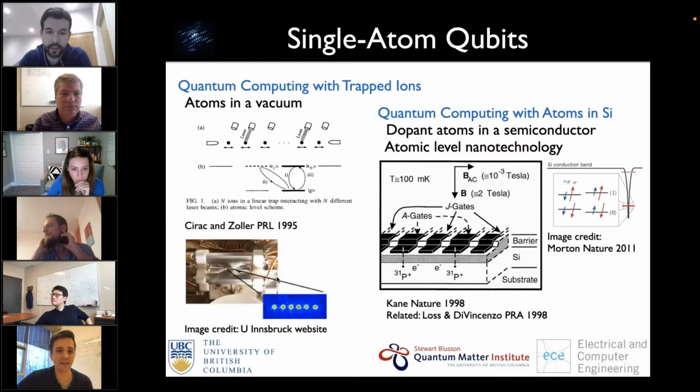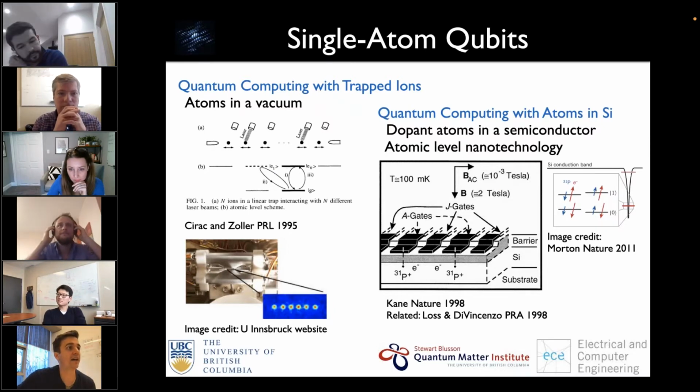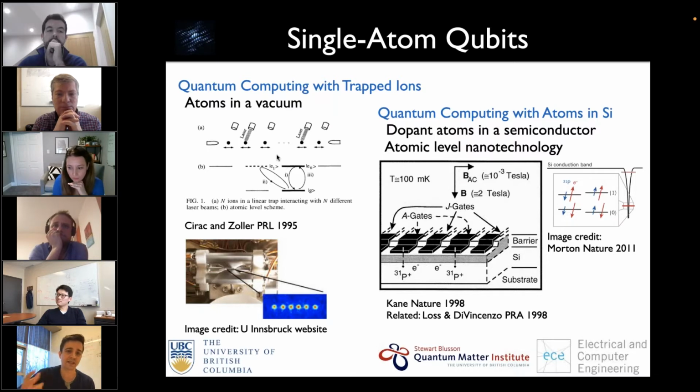Okay, so on the bottom left-hand side of the screen, I'm showing what I think is the first proposal for building quantum computers with atoms, and those are atoms in a vacuum. This approach uses ions trapped in an electromagnetic trap and lasers to control and measure them.